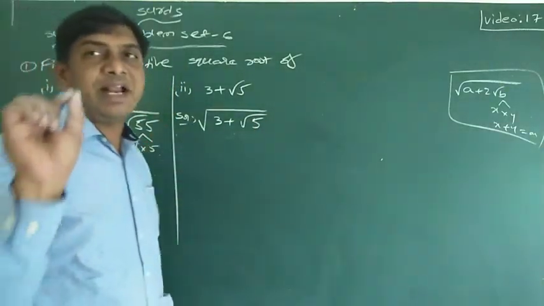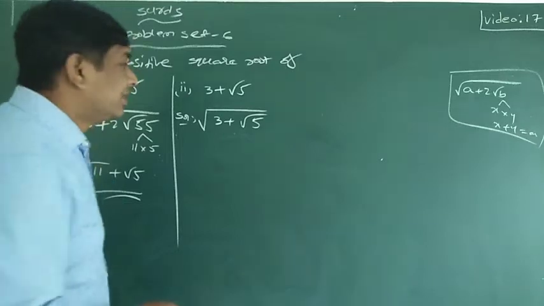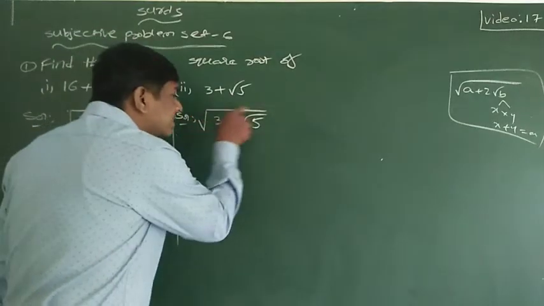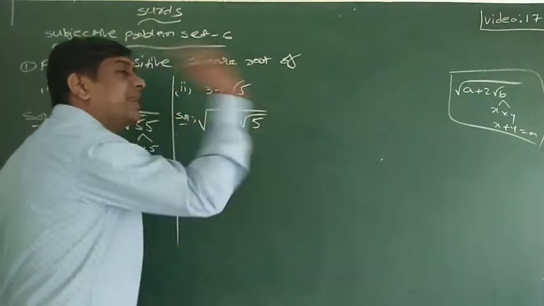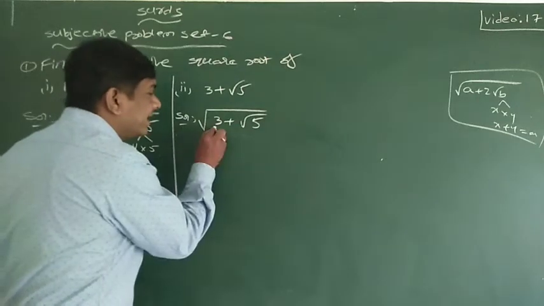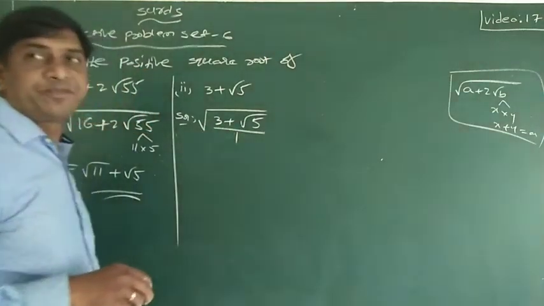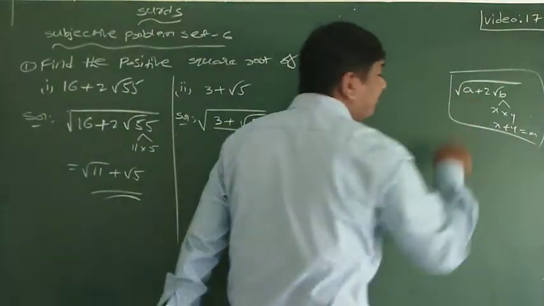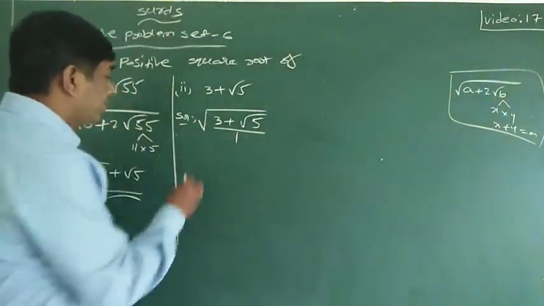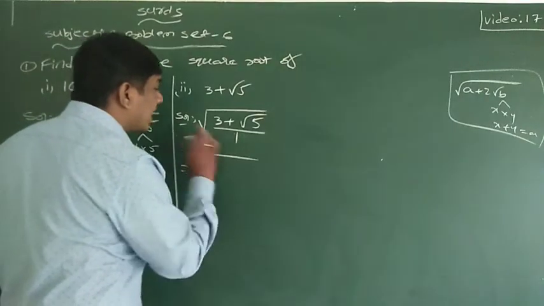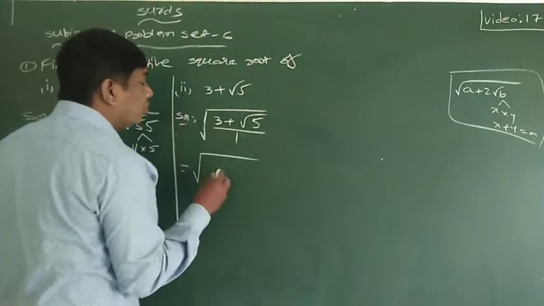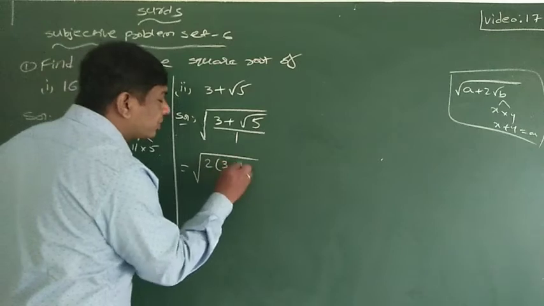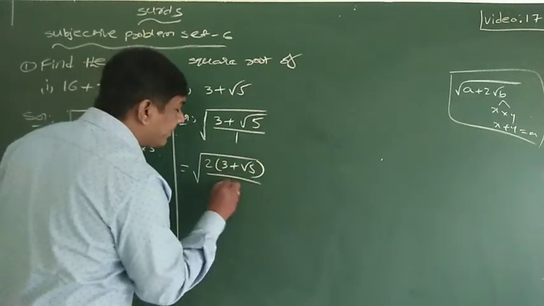Whenever you don't have a rational factor 2, then multiply and divide this whole surd inside by 2. Here nothing is there means 1. I am going to make it in the form of a plus 2 into root b. So this is equal to root of 2 into 3 plus root 5 by 2.